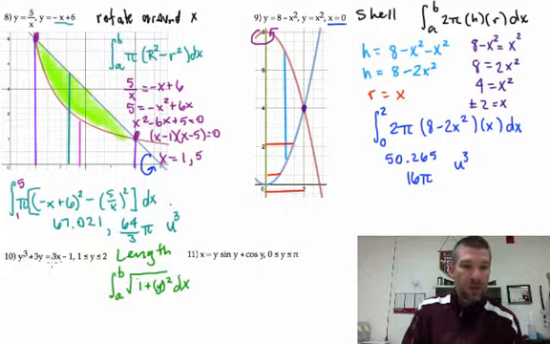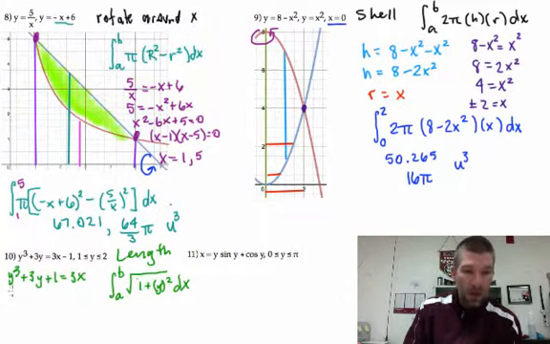So the first one says y cubed plus 3y is equal to 3x minus 1. Go ahead and add 1 to both sides and divide everything by 3. So y cubed over 3 plus y plus 1/3 equals x.